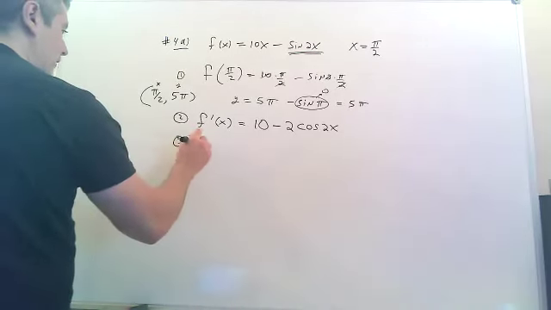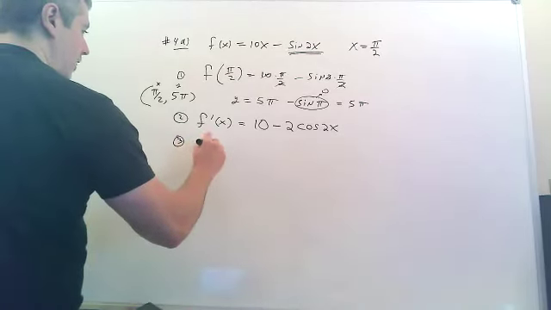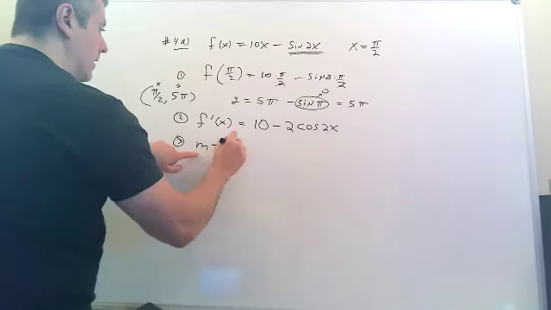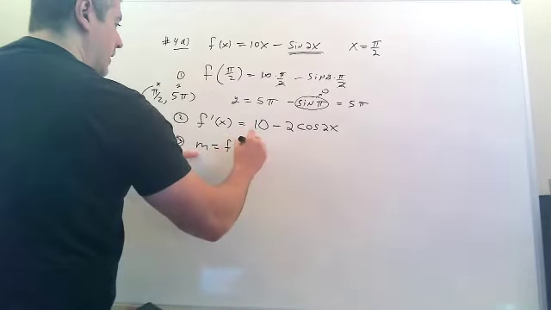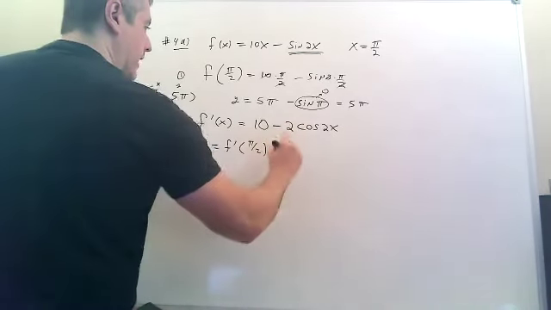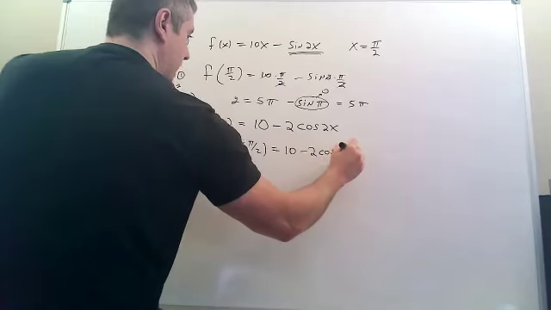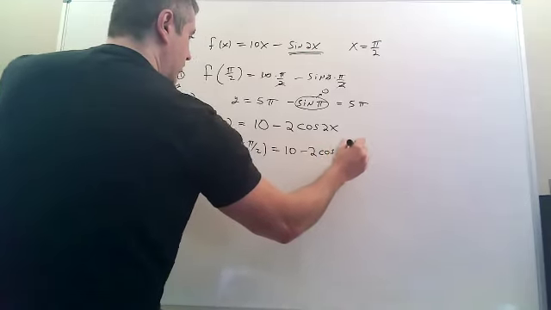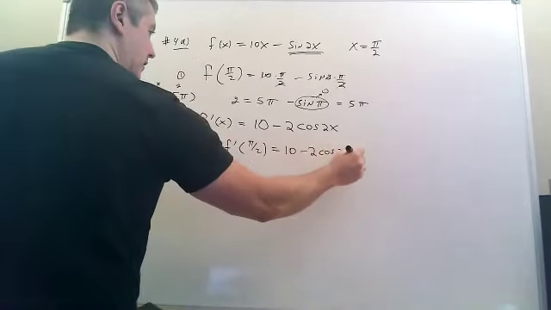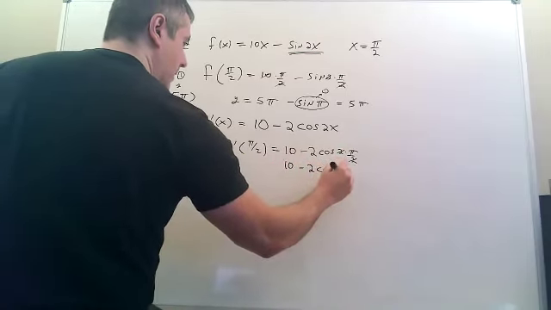So step 3 was to find the actual m. Let's write it very precisely. The slope m is the derivative evaluated at that number, which is pi over 2. There's only one place that I can put x, and that's right here. Just like I did in the beginning, I'm going to cross out these 2's. So I have 10 minus 2 cosine pi.